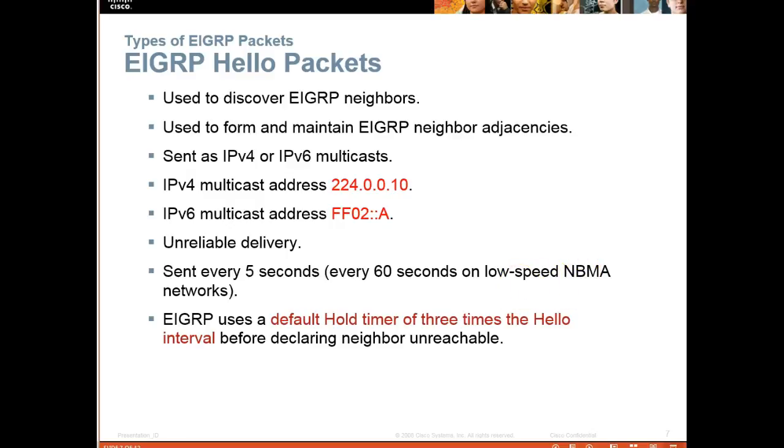And EIGRP has default hold times. Remember, there's the hold time of 3 times the hello interval. So whatever you set the hello interval to, the default hold timer will declare the neighbor unreachable after 3 times that value.